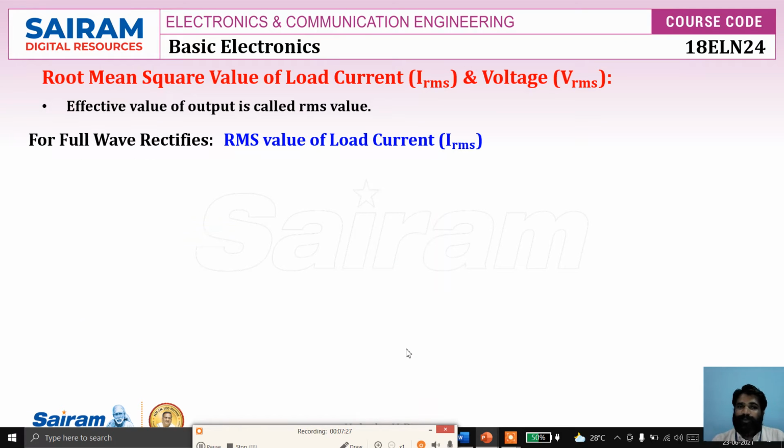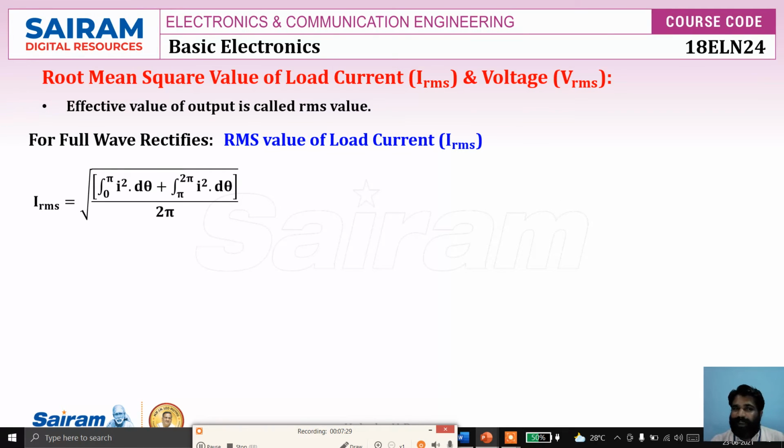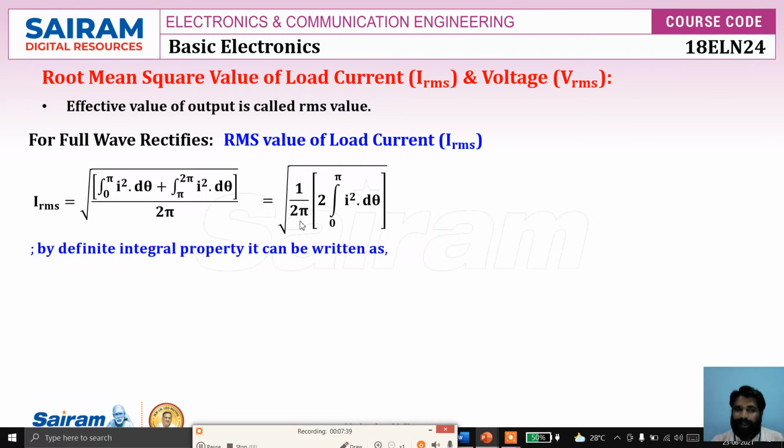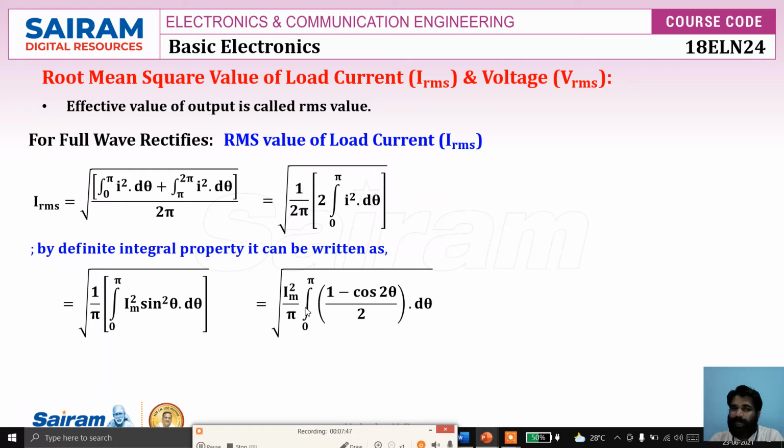And for the full-wave rectifier, same rule, same formula, and by the definite integral property it is 2 times the integral from 0 to pi. Again, the 2 gets cancelled, so 1 divided by pi into the integral of Im square sin square theta. Same procedure: Im is outside the integration since it is constant, and sin square theta is (1 minus cos 2 theta) by 2.